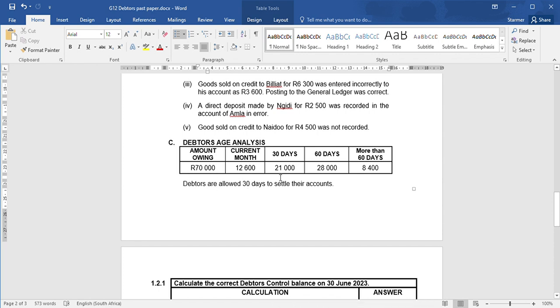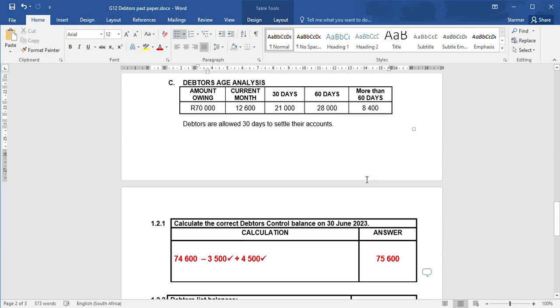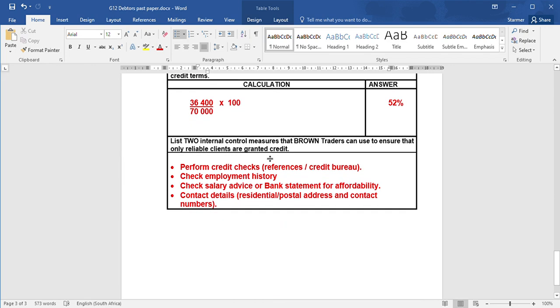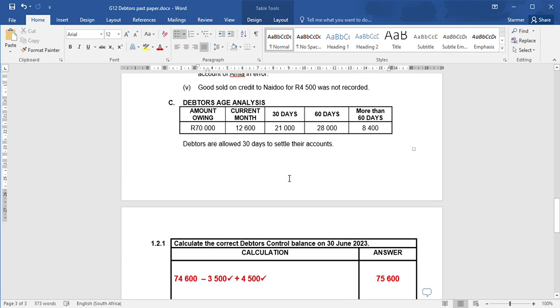The people that are not complying are the people that are sold on credit for 60 days and more than 60 days. So you're going to add those two up. Here gives you 36,400. You divide by the total that debtors owed you times 100 over 1 because you want a percentage, and you get 52%.